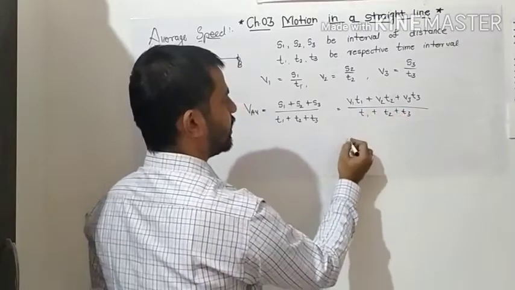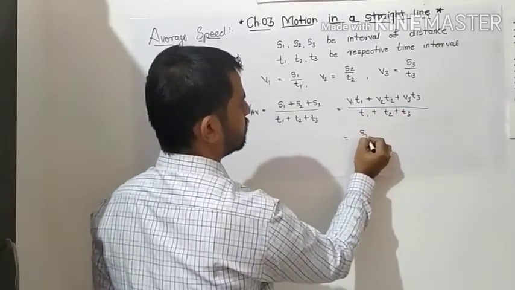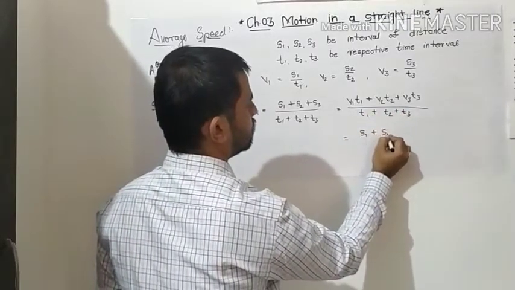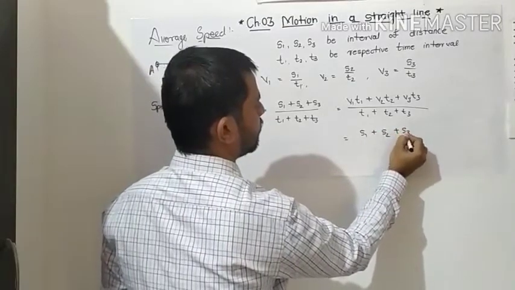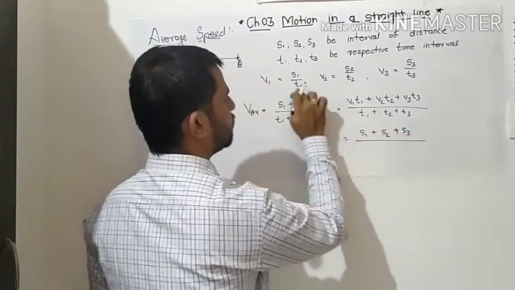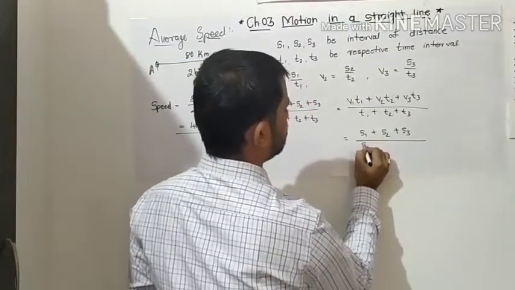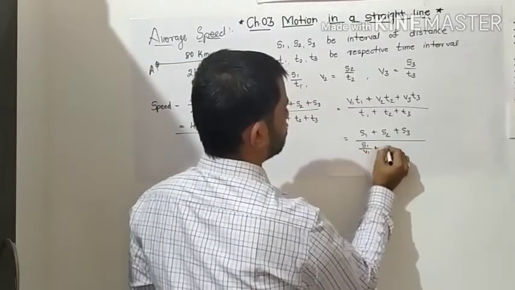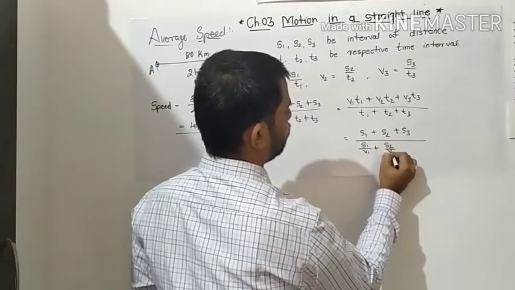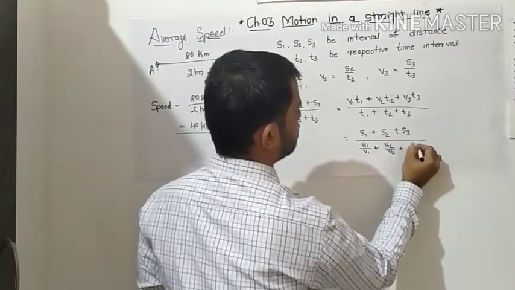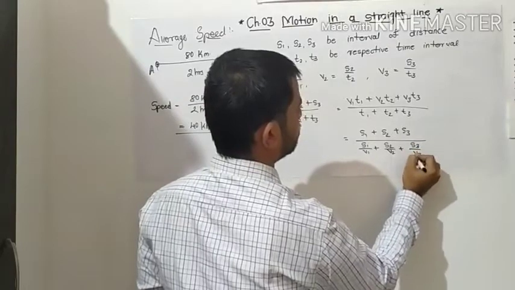Or we can write S1 plus S2 plus S3 upon T1 from this equation, where T1 is equal to S1 upon V1 plus S2 upon V2 plus S3 upon V3.